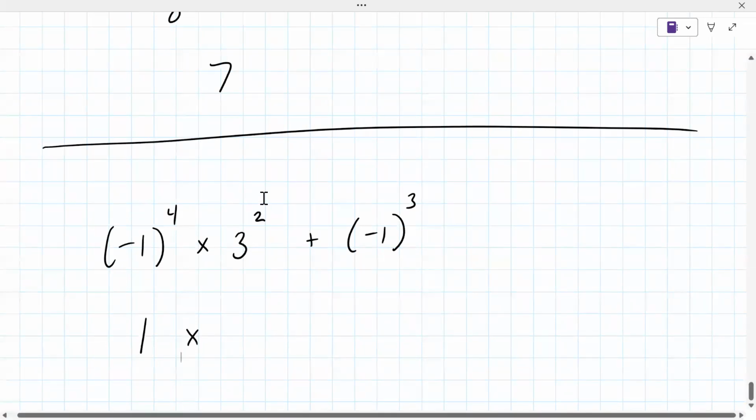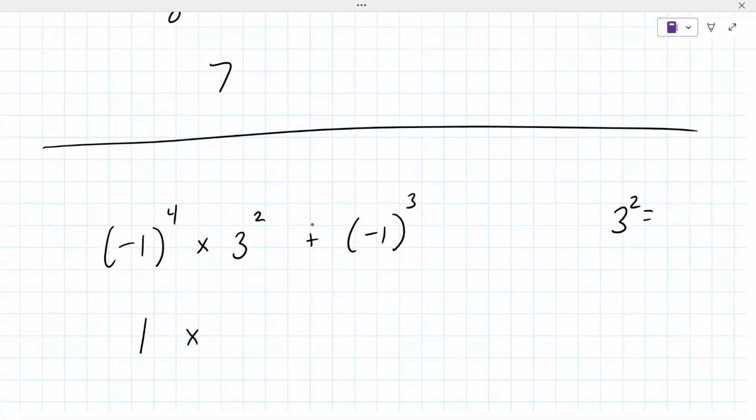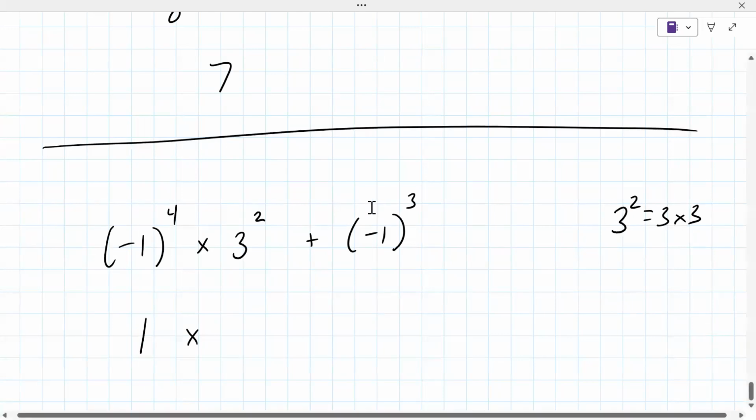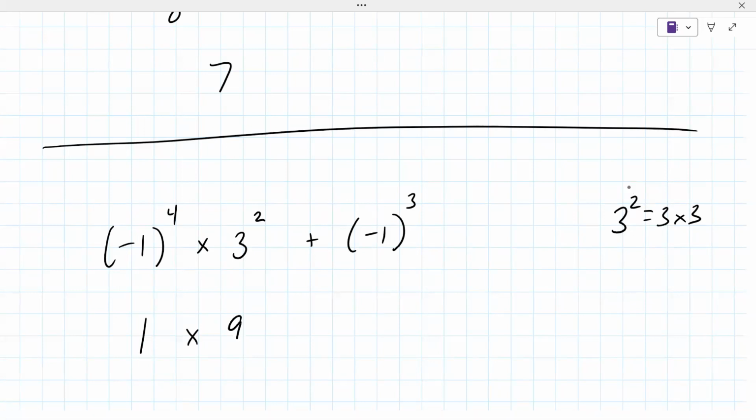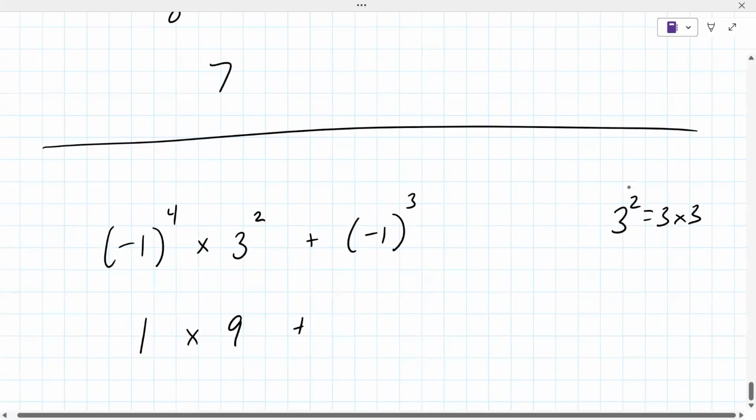How did you get 27? This is because the 3 times 3 times 3, but there's only two threes. This is how many threes it says. Oh, sorry, it would be 9, plus -3, so it'll be -1.